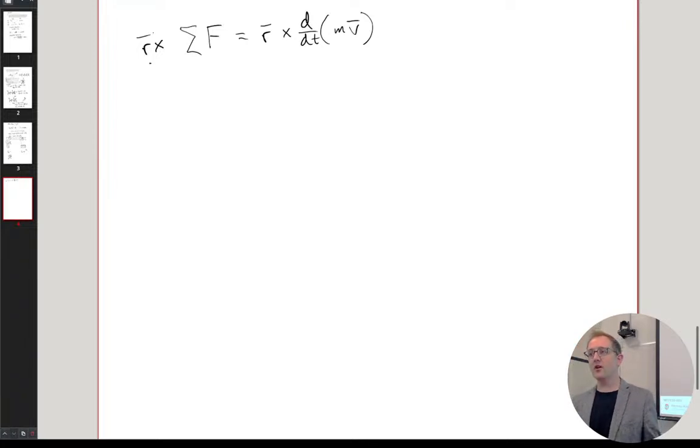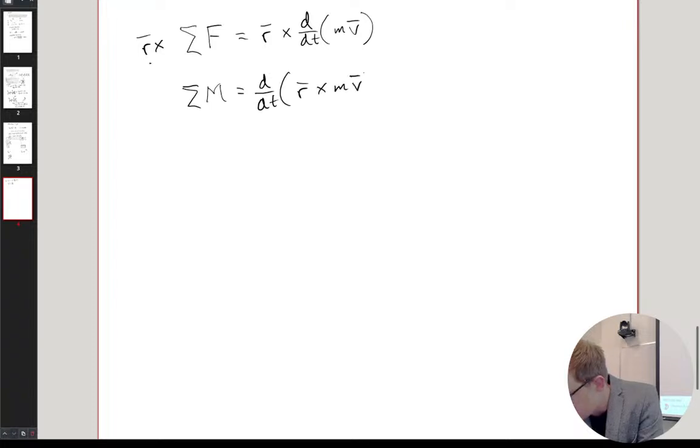If I take R cross F, I just define sum of the moments. Because if I take the total resultant R cross with resultant F, I just have the resultant sum of the moments. And on the right side, I have the change in R cross, and that is my angular momentum, R cross MV.